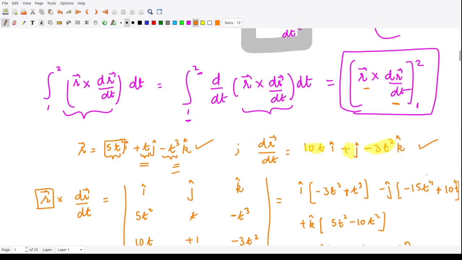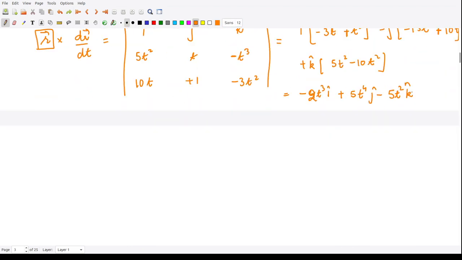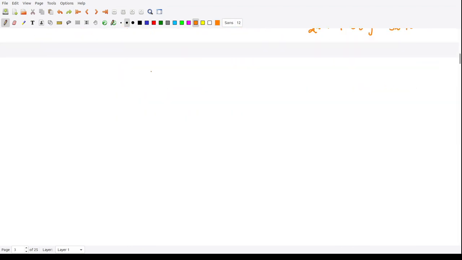Now this quantity, what does this become? Let me just scroll. So we have the integration from 1 to 2 of the quantity r vector cross d2r by dt2 dt.